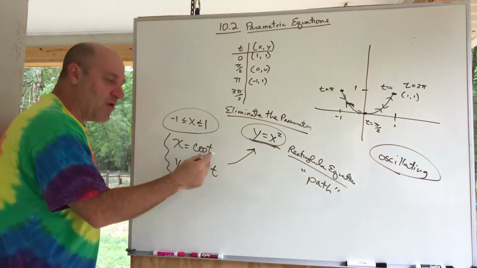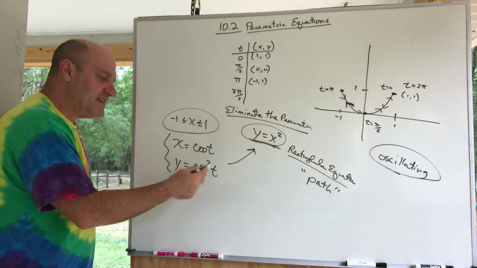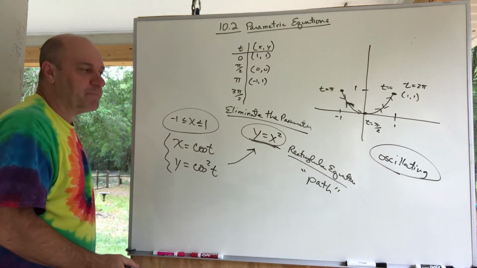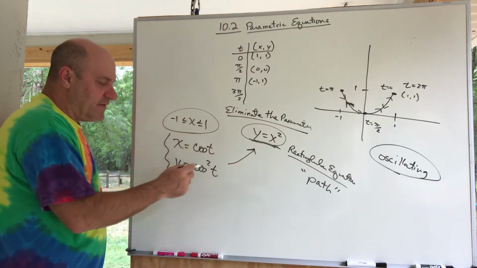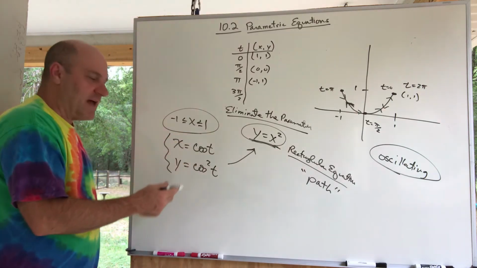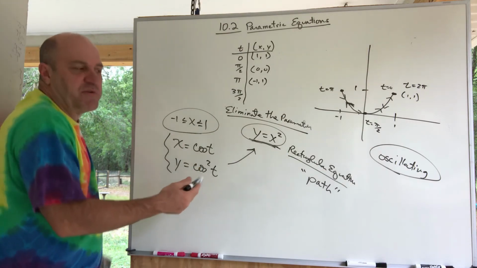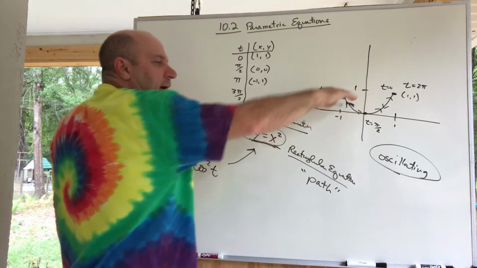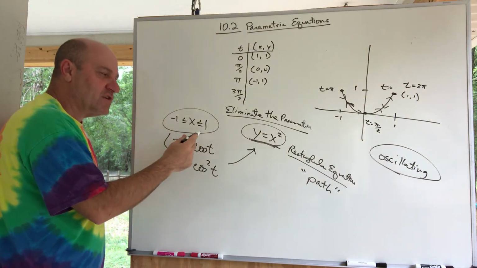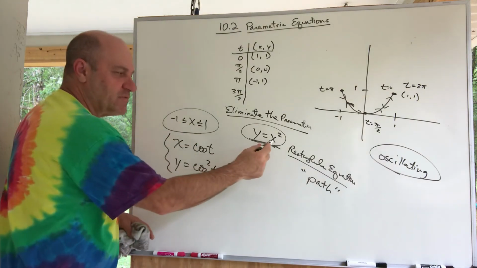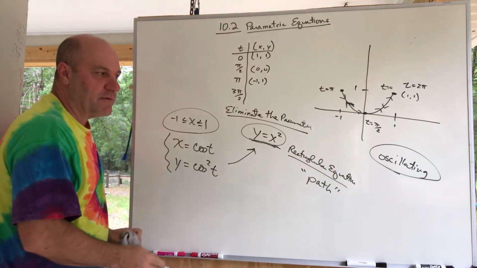Because we've got this cosine of t acting as my parameter. By the way, I just analyzed what x does. The y follows what x does. The cosine squared is between 0 and 1, but I don't really have to analyze it. Once I've analyzed x and figured out what x is doing, this relationship dictates what y is doing.